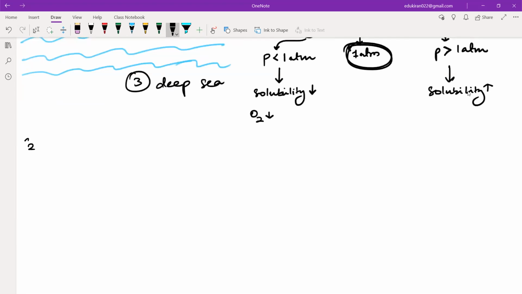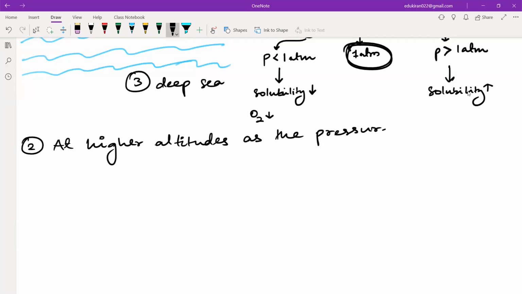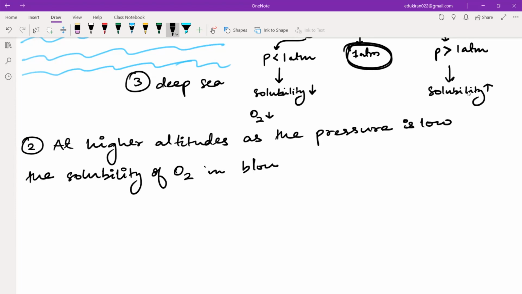At higher altitudes, as the pressure is low, the solubility of O2 in blood decreases, and its concentration is low.